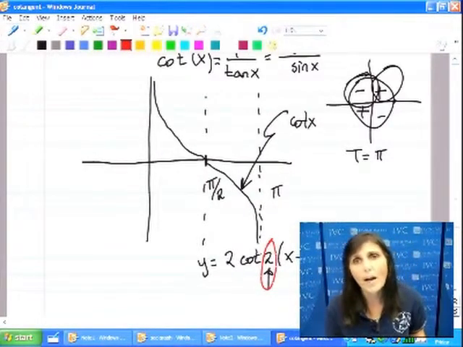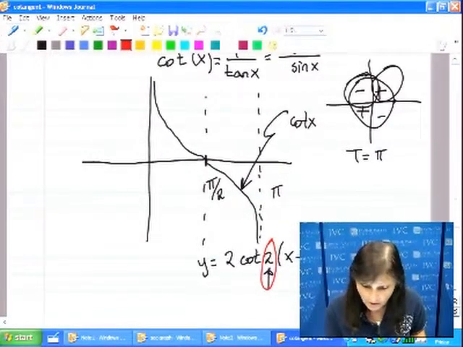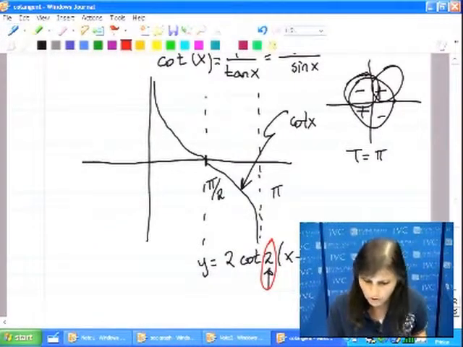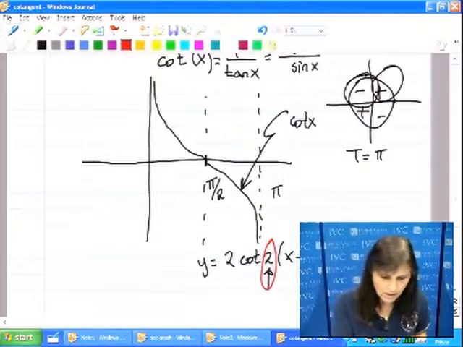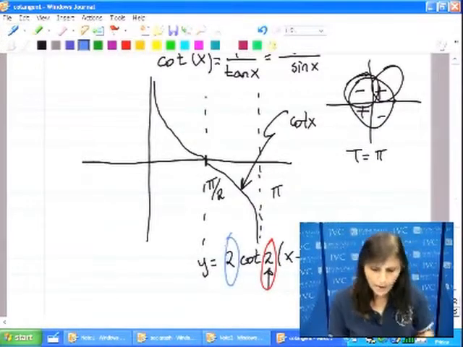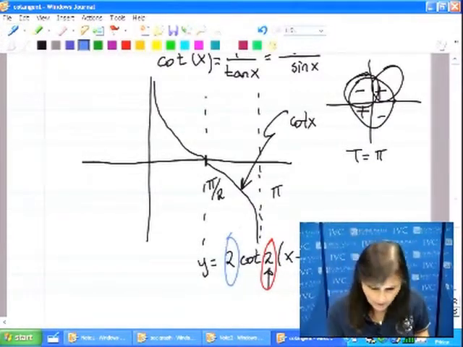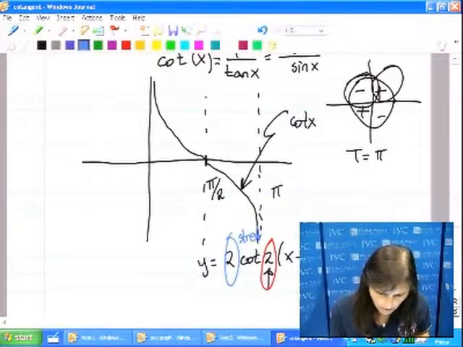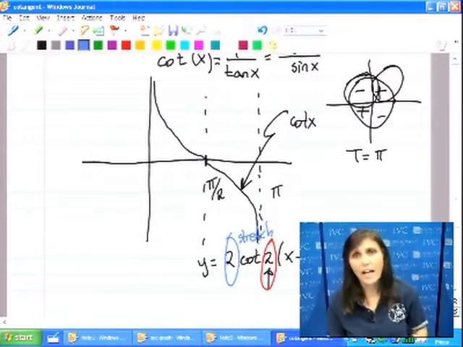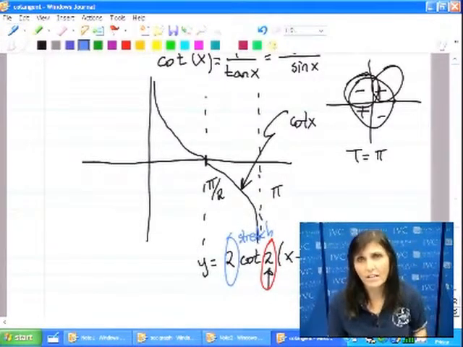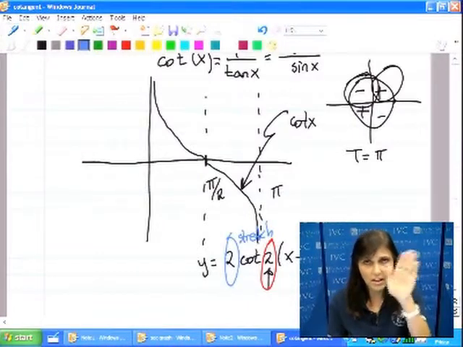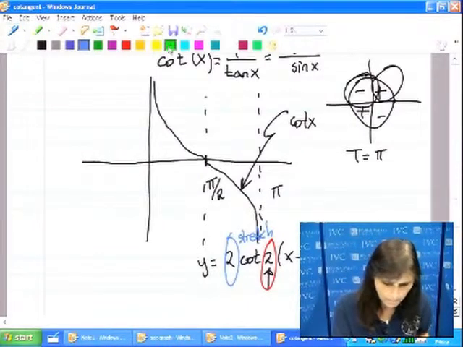The 2 inside is going to modify the period just like before. Your period used to be pi. Now it is pi over 2. The 2 in front is going to stretch it, and this time it's not reflected, so it's going to stay on the positive and negative side.